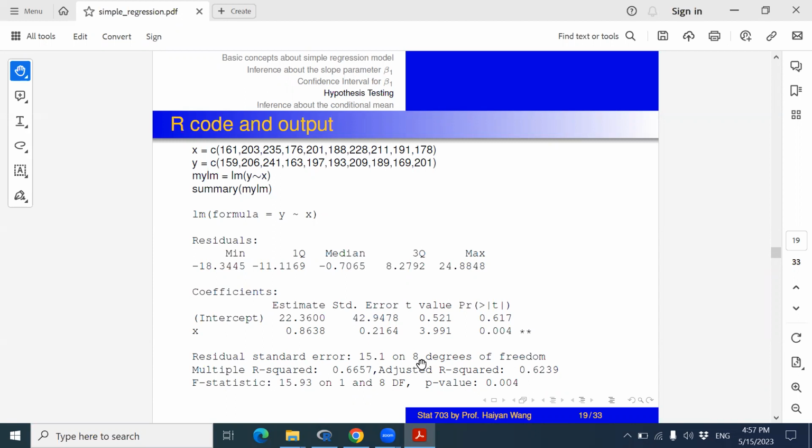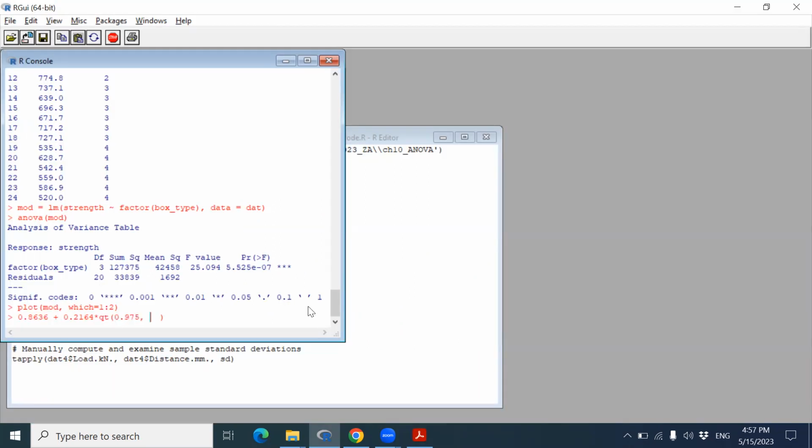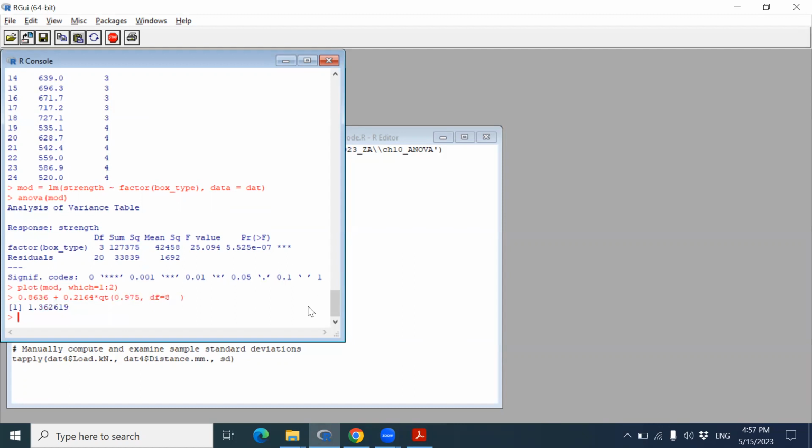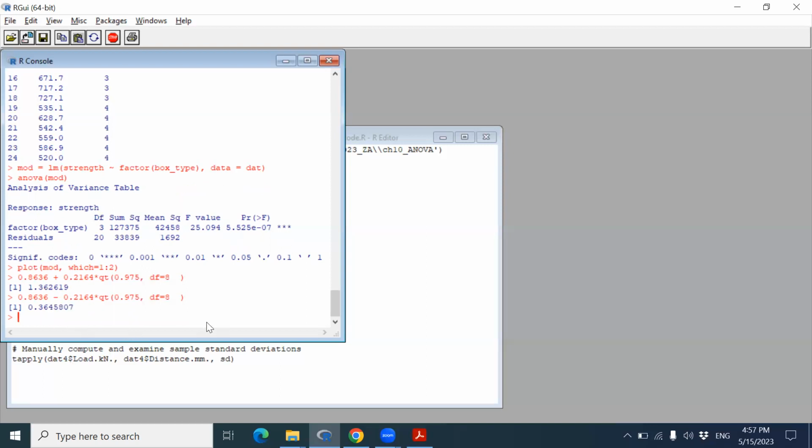That 8 tells us the t distribution's degrees of freedom, so we put df equals 8. So that's the upper bound for the confidence interval. For the lower bound, you just change the plus sign to a minus sign.